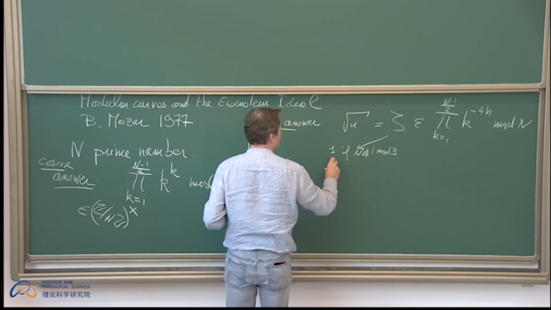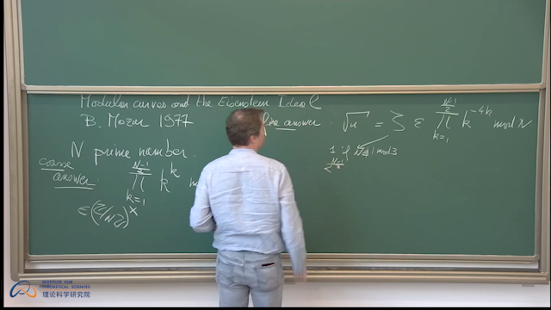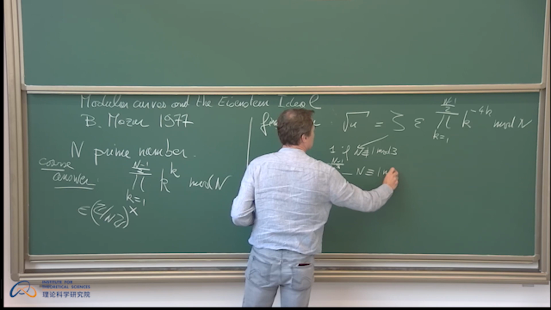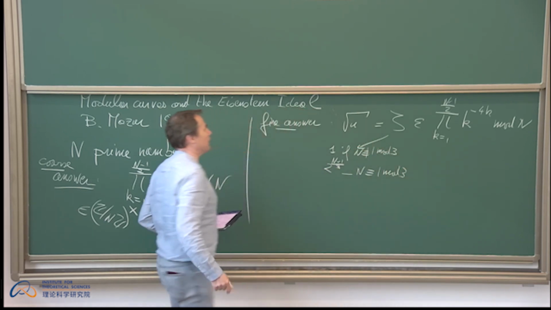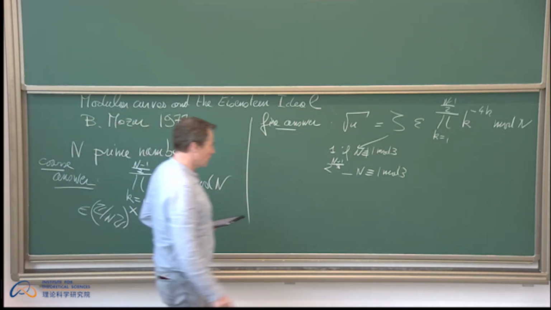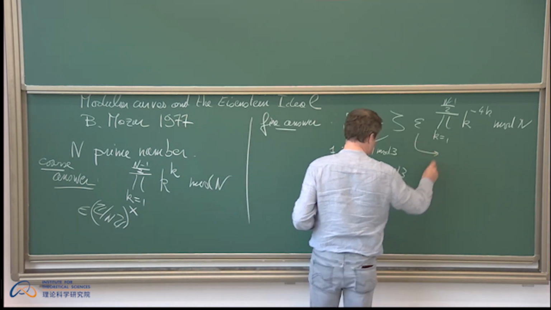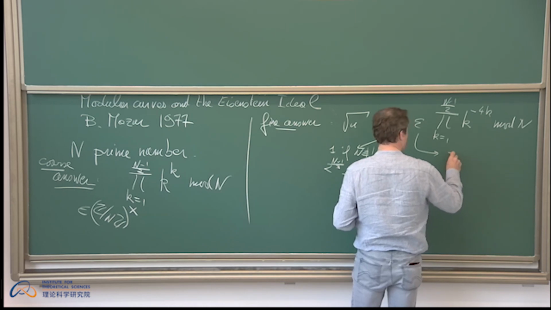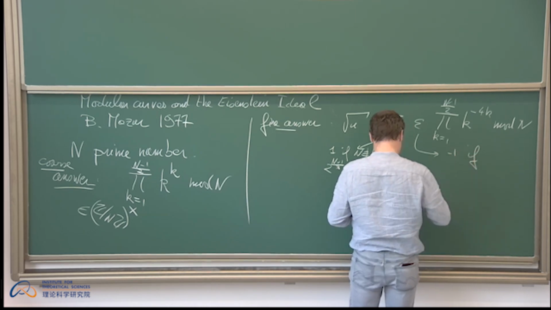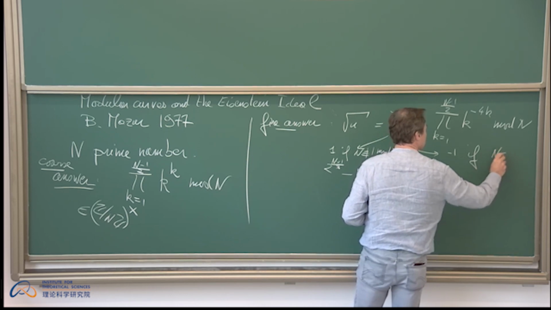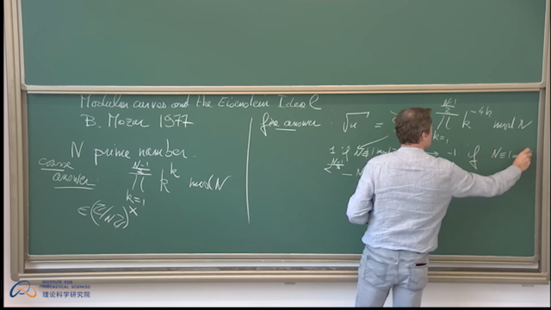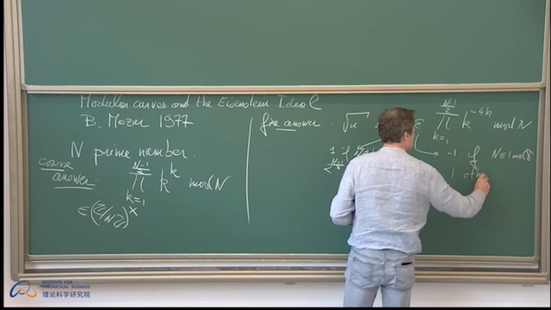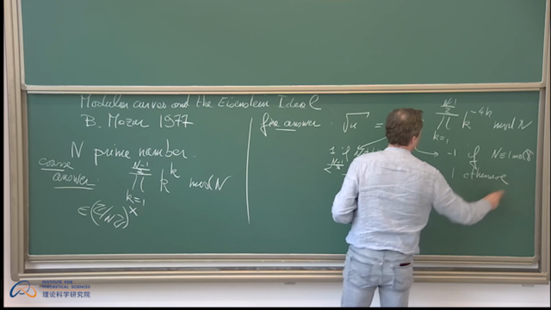And it's 2 to the power of (n minus 1) over 3 if n is congruent to 1 mod 3. So in any case, it's a cube root of unity, and epsilon is a square root of unity. So it's minus 1 if n is congruent to 1 mod 8, and it's 1 otherwise.